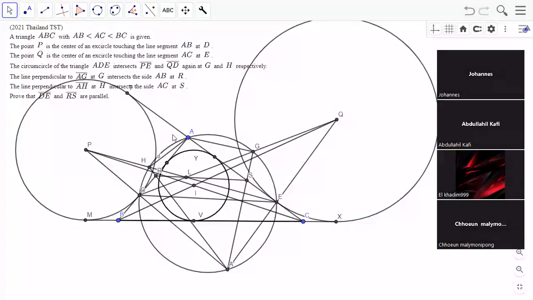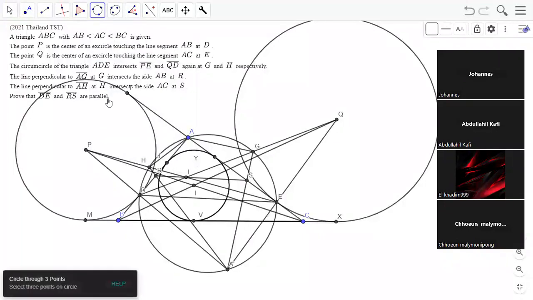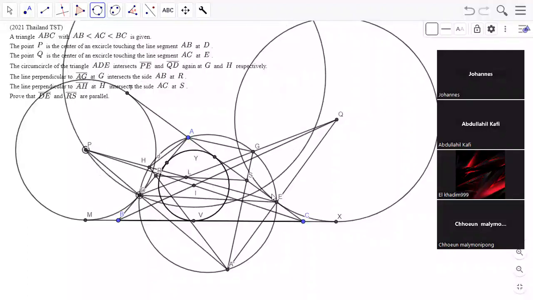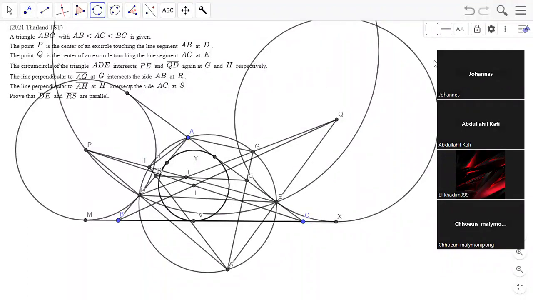So actually, I wonder. Actually, yeah, I don't think this is true. I was wondering if PDEQ is cyclic, but no.